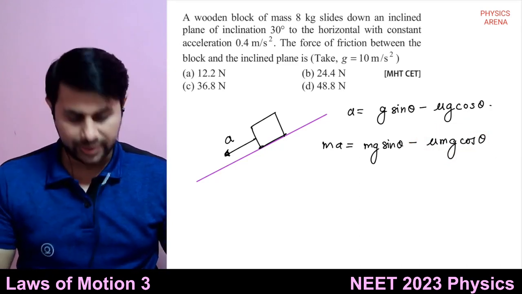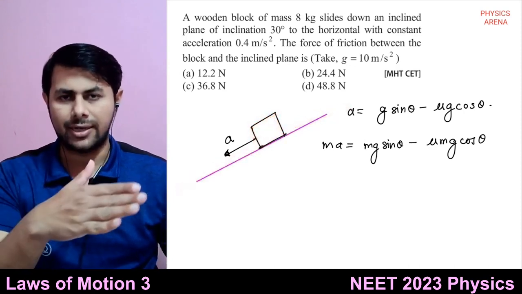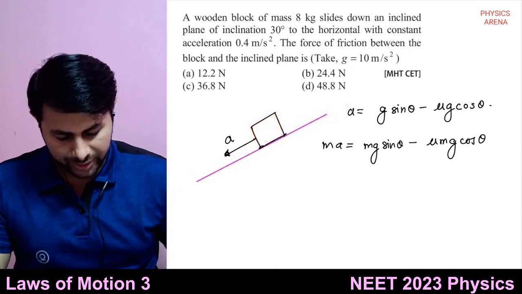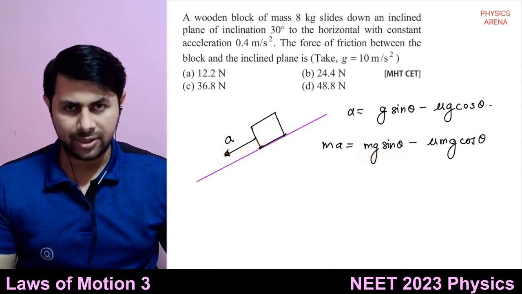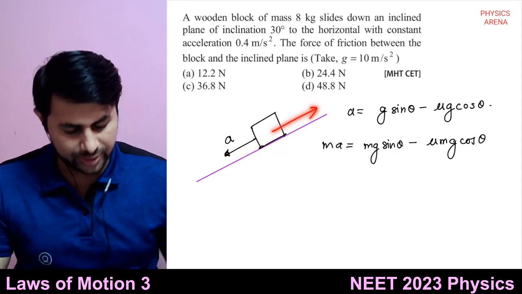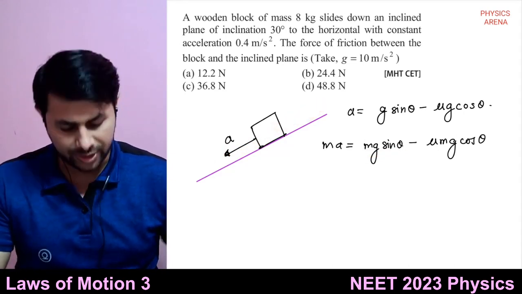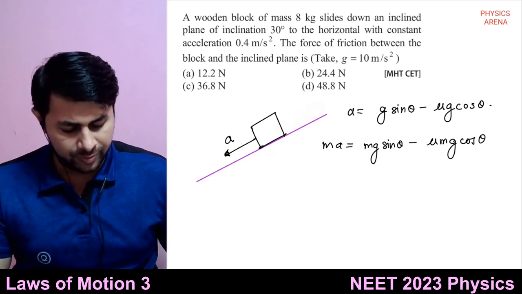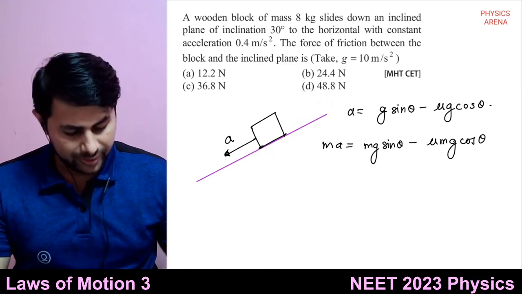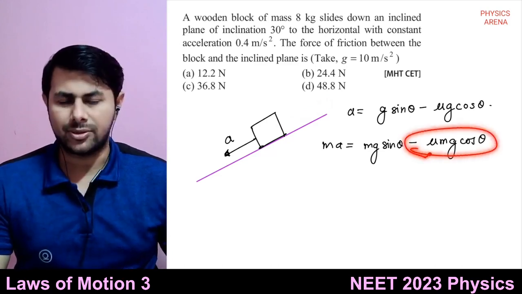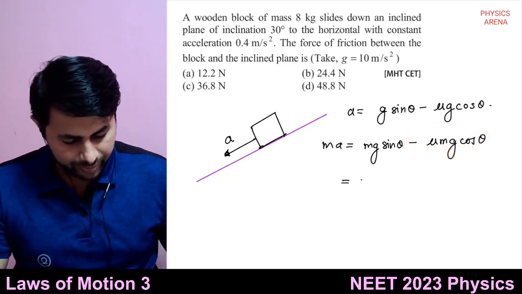So there are two forces acting on this block along that inclined plane. One is the component of the gravitational force, mg sine theta, and the other force is the frictional force. It is mu multiplied by normal reaction, but it is negative because it is acting in the opposite direction.